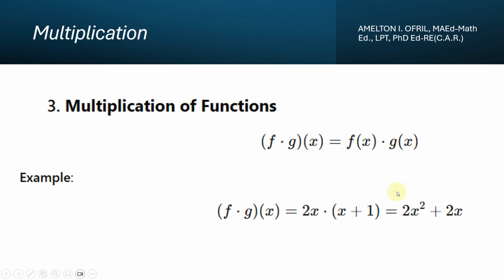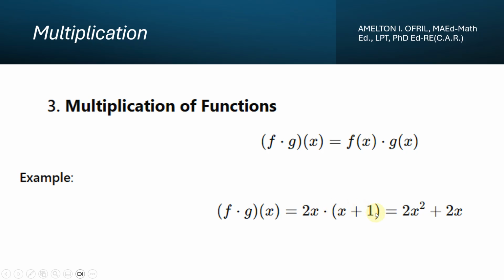And in multiplying functions, we have to know the distributive property. For example, the product of f and g equals f of x times g of x, which will become like this. So the product of the two functions f and g equals 2x times the quantity x plus 1.